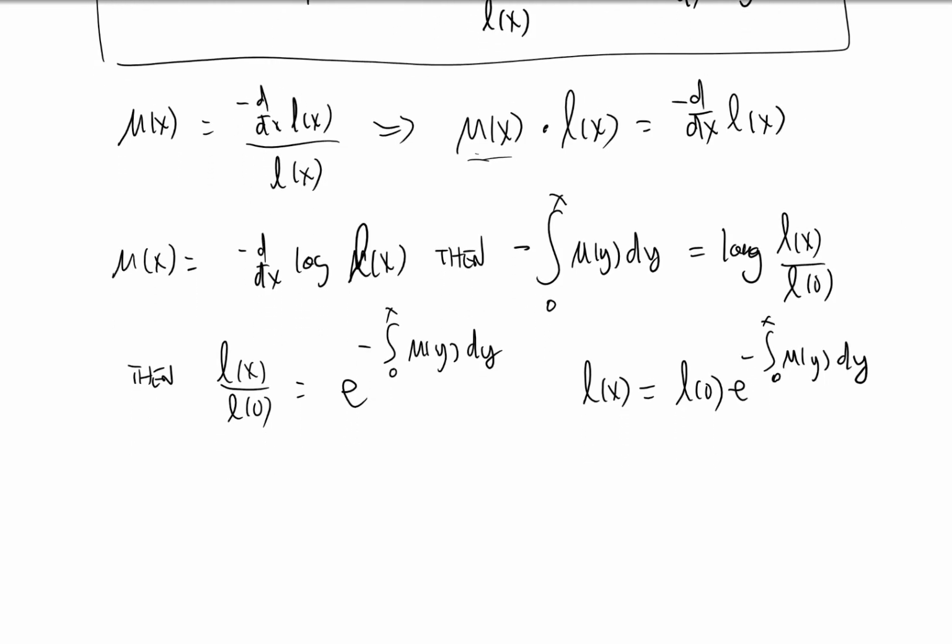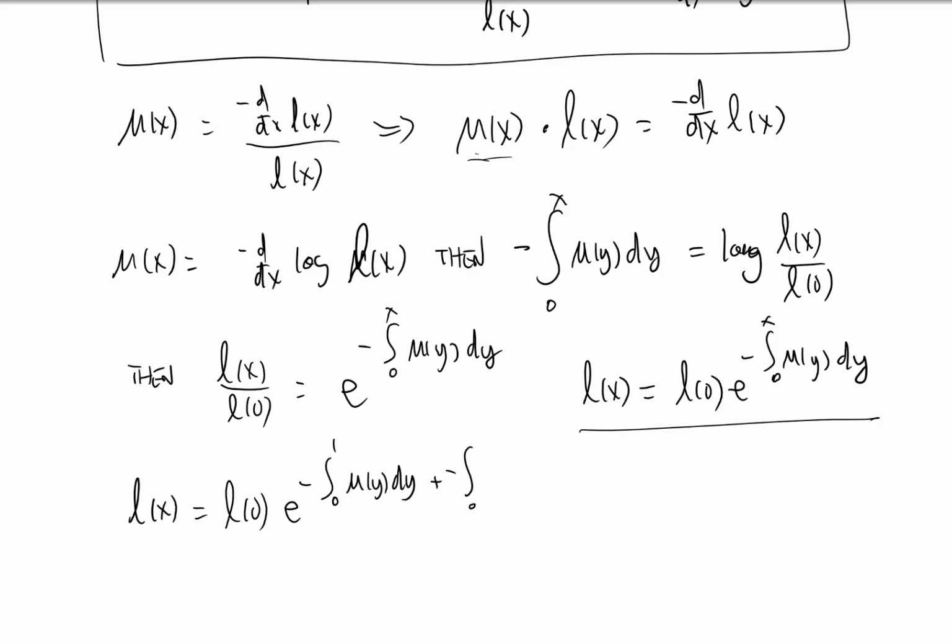We can split this latter piece up. I'm going to rewrite that one more time. We can split that up into different pieces: 0 to 1 of mu of y dy, plus the integral from 1 to 2 of mu of y dy, plus the integral from 2 to 3 of mu of y dy, all the way up to age x.